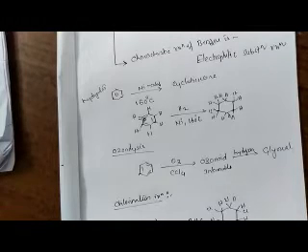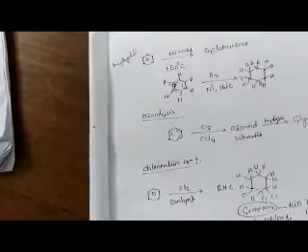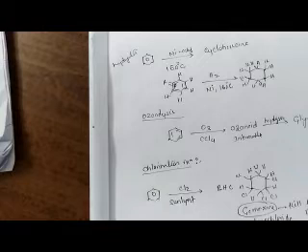On treatment of benzene with ozone in presence of CCl4, we get an ozonoid intermediate, and on hydrolysis we get glyoxal. The third reaction is chlorination: benzene with chlorine in presence of sunlight gives BHC, benzene hexachloride, used as a pesticide, also called gamaxane, used to kill ants in our homes. So these are the three general reactions of benzene.